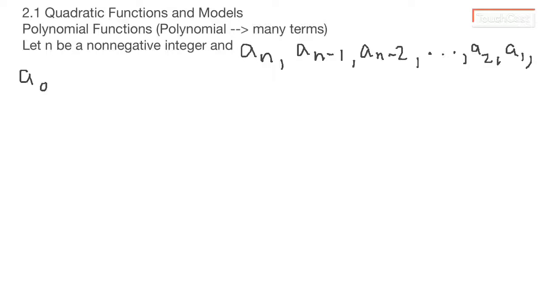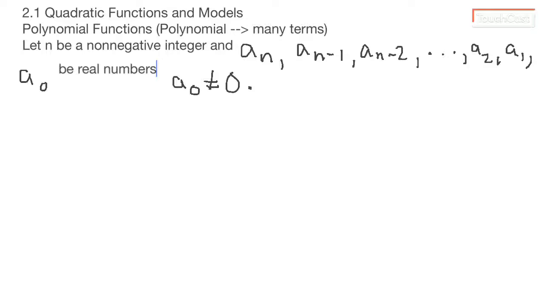Now those are the little numbers to the bottom right, and the little variables, those are index values. We are going to say that they are real numbers, and specifically one of these, a sub n, cannot equal 0.